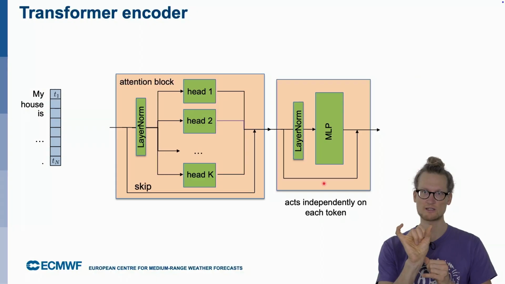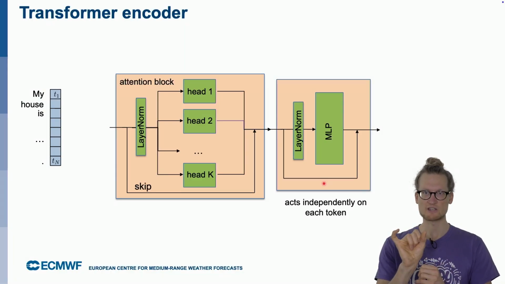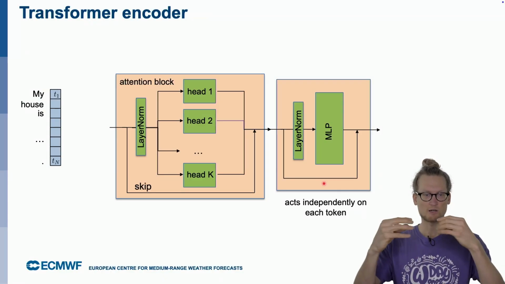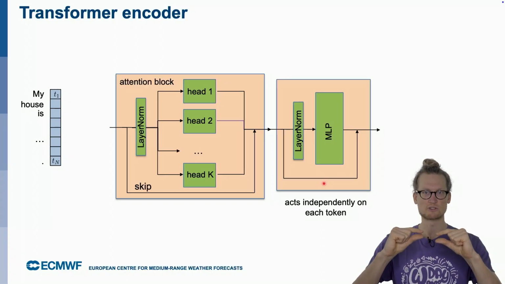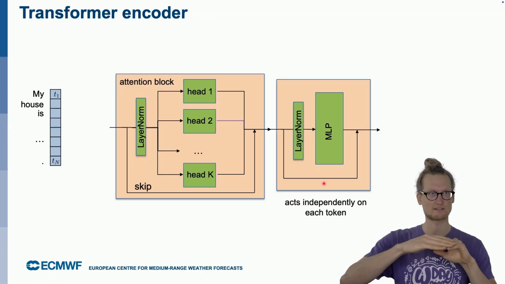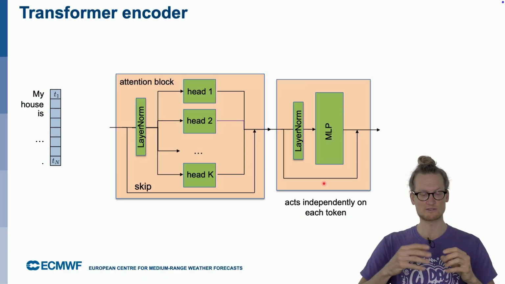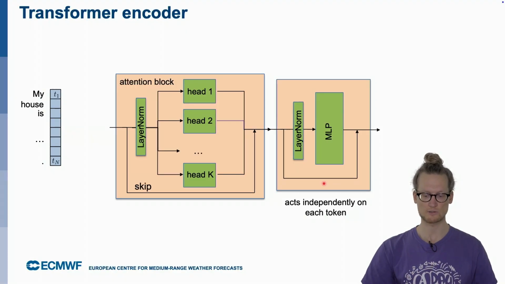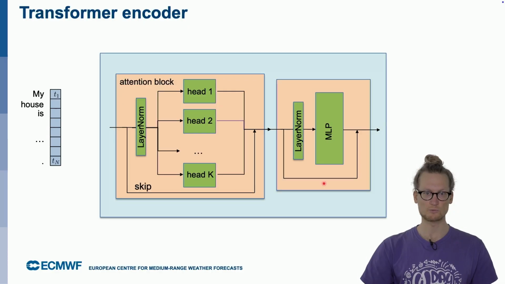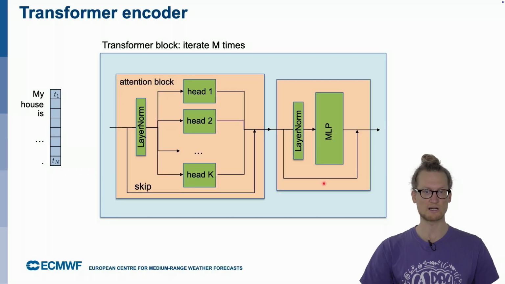A token, as I mentioned, is an E-dimensional vector, and the MLP does some operation on each individual token, but it doesn't consider the other tokens when refining each individual token. So we have these two parts, and these two parts make our transformer block.